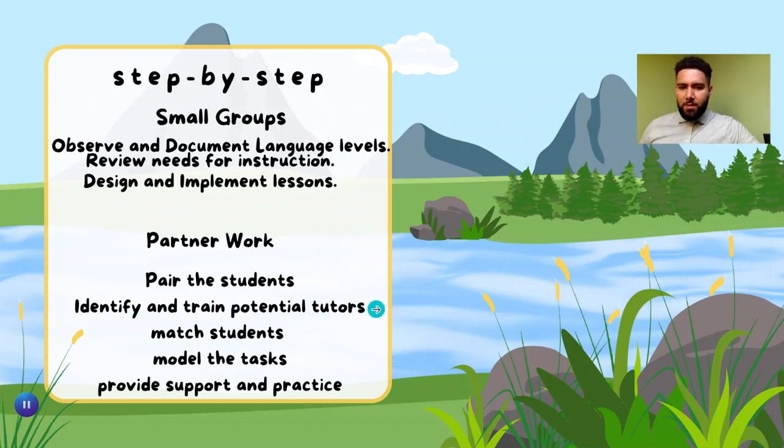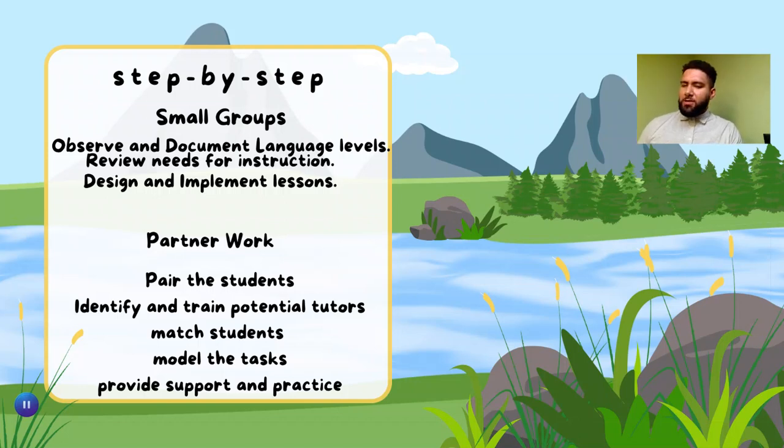Next, identify and train the potential tutors. Grab your tutor, the specialist, and show them how you would want them to show other students the skill, so that they're not just doing the work for them; they're having the student ask their own Socratic questions.